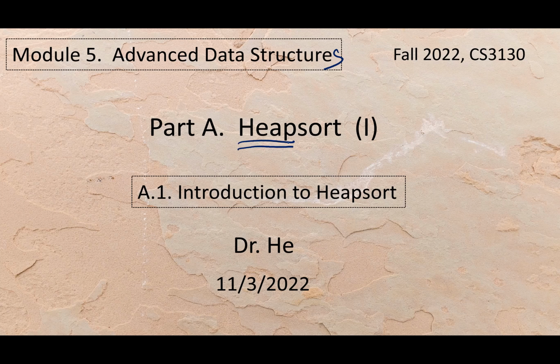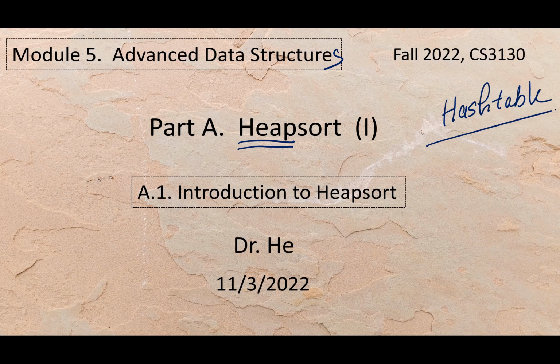The first 2 parts, part A and part B, we will study heap sort. The second half, another data structure, hashing technology, but the data structure is hash table.